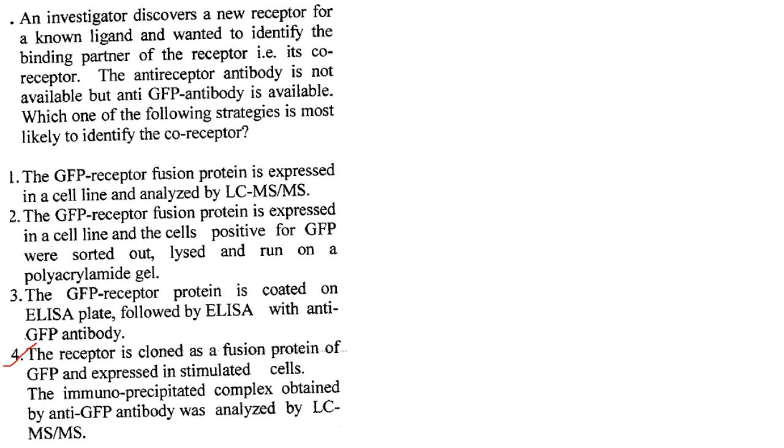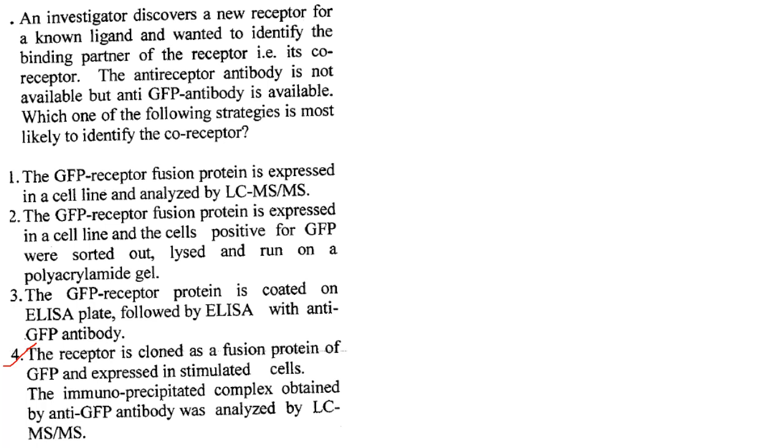The GFP receptor fusion protein is expressed in a cell line and the cells positive for GFP were sorted out, lysed and run on a polyacrylamide gel. That is also not correct. Cells positive for GFP will not always identify your co-receptor. The GFP receptor protein is coated on ELISA plate followed by ELISA with anti-GFP antibody. That is also not correct.